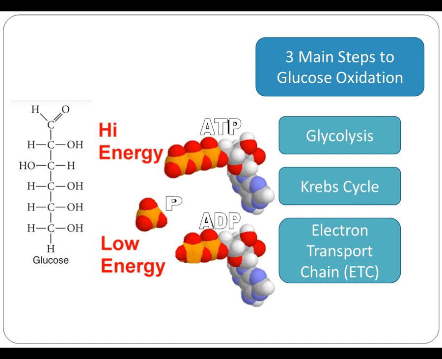And the whole point of the electron transport chain is to transport electrons. It takes electrons from NADH and FADH2 to make ATP, and a whole bunch of ATP is made because during the electron transport chain, you're going to see that similar molecule called what?